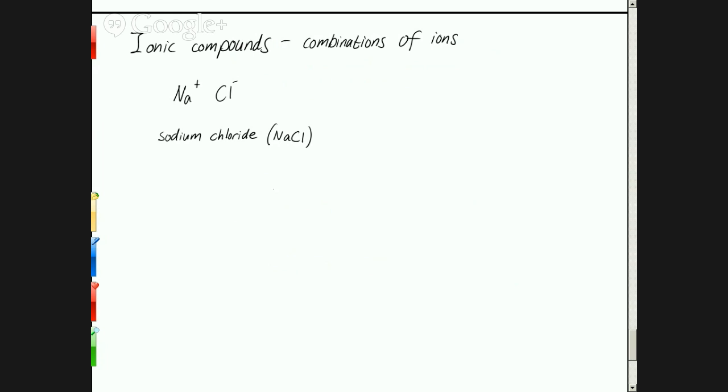But note, ionic compounds always have balanced charges. So we're not going to have NaCl2 or Na2Cl because that would make the plus and the minus no longer even out. They would no longer be balanced if we did that.